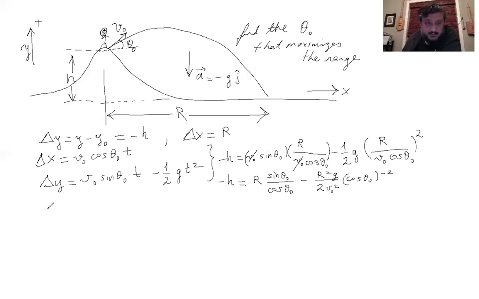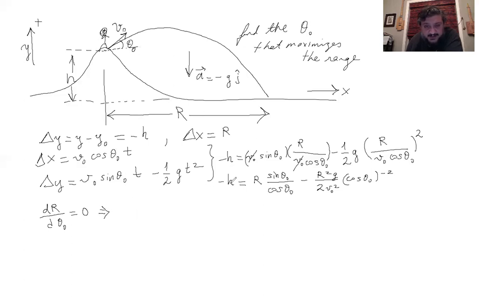I'm going to take the derivative dr by d theta naught. And if I equate this to 0, this is where r becomes a maximum, all right? So I'm going to take the derivative of this equation right here, the derivative of r with respect to theta naught, okay, and see what we get.